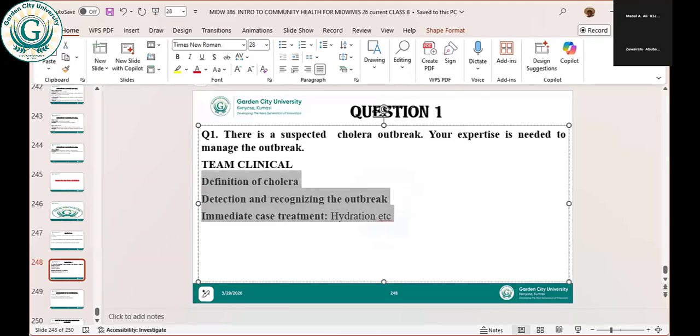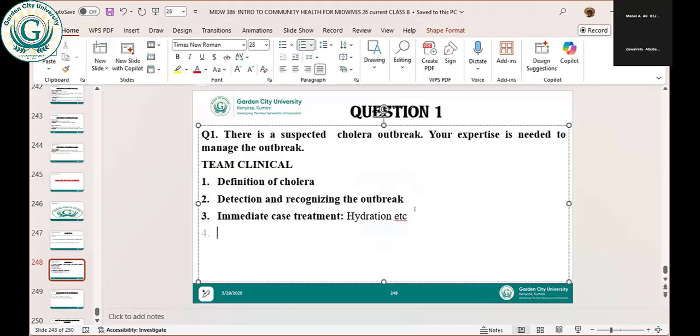What else? We went ahead to talk about prevention of the spread. The first thing we talked about was water, sanitation, and then hand hygiene. And we move on to food safety measures, such as avoiding raw or undercooked foods.